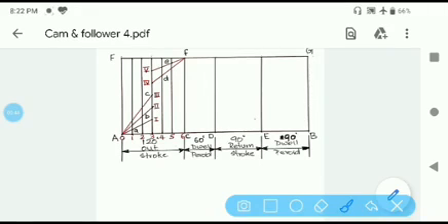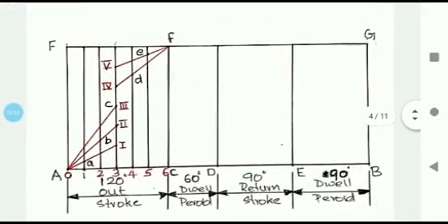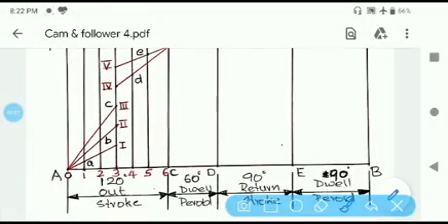After that, you can see that line A1 intersects the vertical line from 1 at A. Here you can see clearly line A1 intersects the vertical line from 1 at A, so you mark point A there.